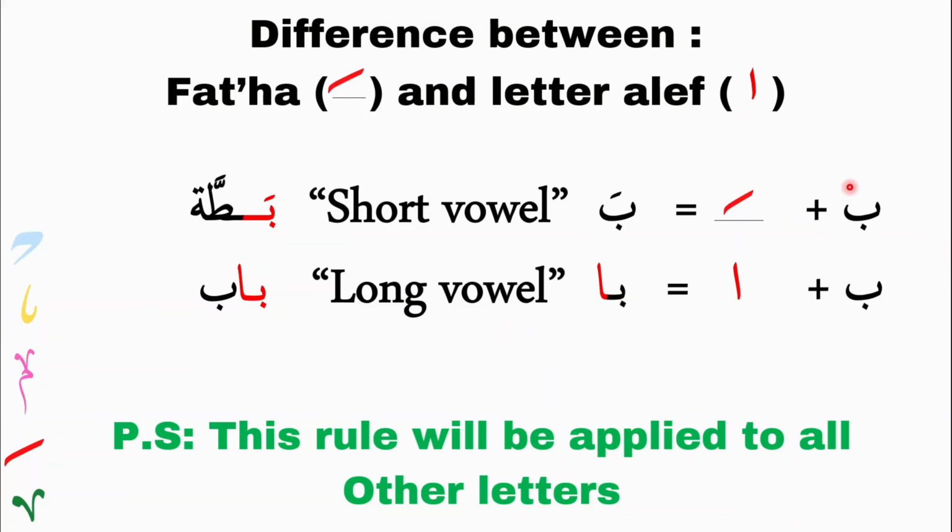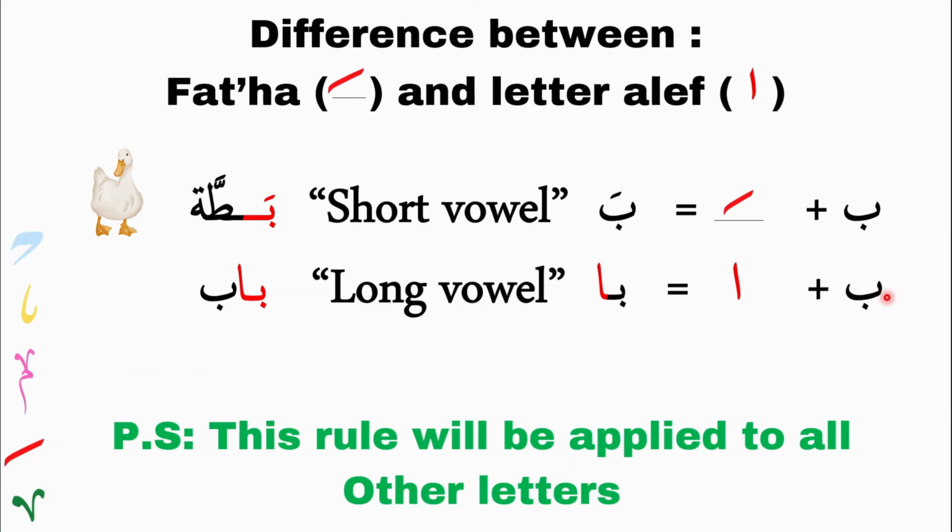For example, if I have the letter ba plus فتحة, which I will put it above the letter, it will give us short vowel, the sound of ba, as in the word بطة, which means duck.